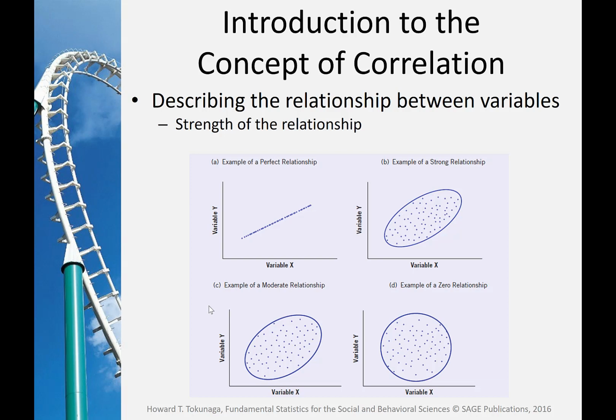In B, we can see that as X increases, Y increases also, but there's more, and this is the technical statistical term, noise. There's more variation. You know that one, variation. There's more variation in the differences in what corresponds to that value.